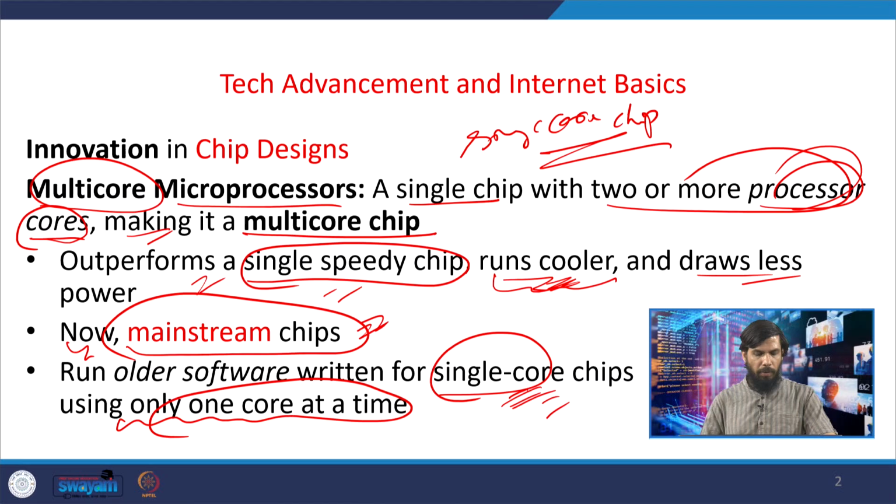Therefore, the backward compatibility to legacy software written for single core chips is maintained in the multi-core microprocessor. So, there is no impact on legacy software. The new computers with multi-core chips could easily run the legacy software. So, no such problem there.